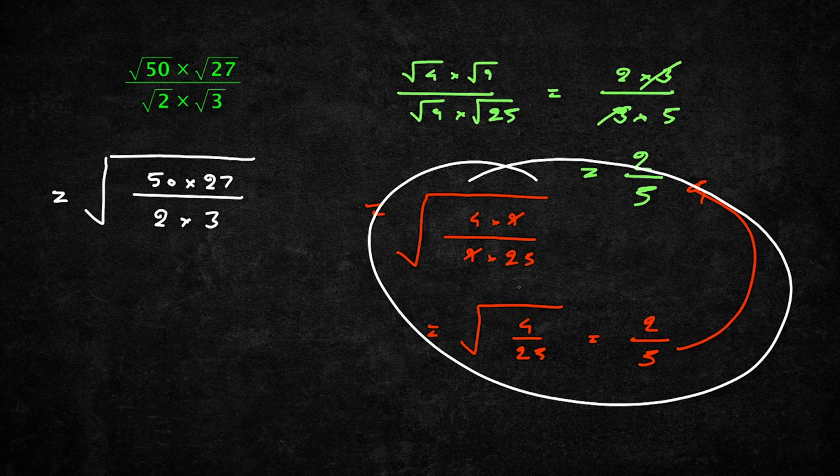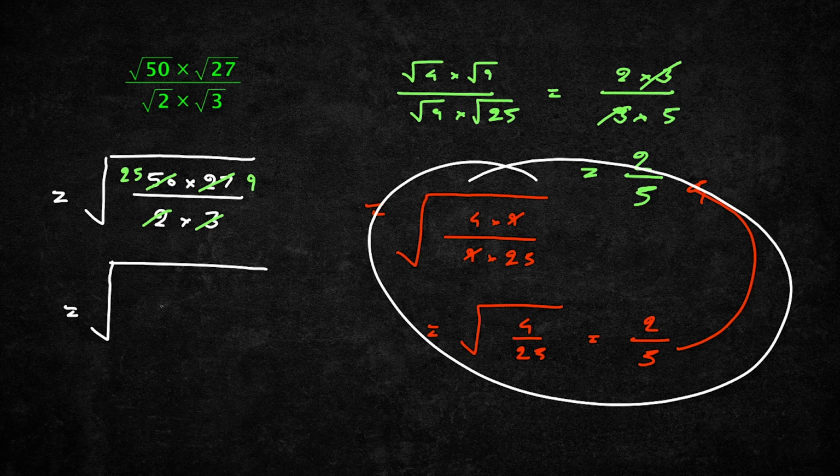If it works on the right side, it should work on the left side, and we can also use a calculator to check whether the answer is true. Now we are working under the square root, and this 15 can be divided by this 3 to give 5, and this 27 can be divided by this 3 to give 9.